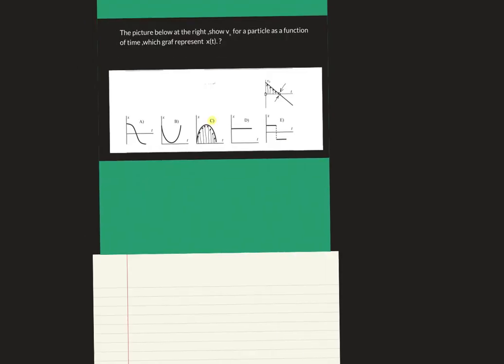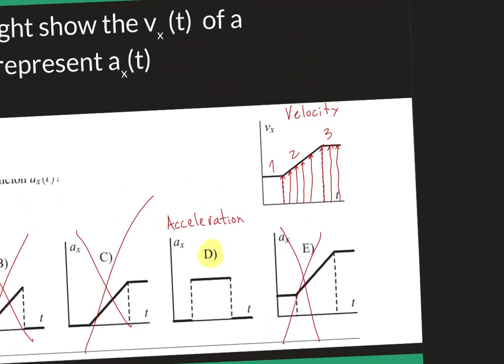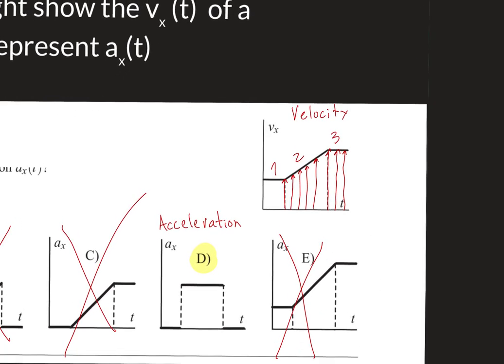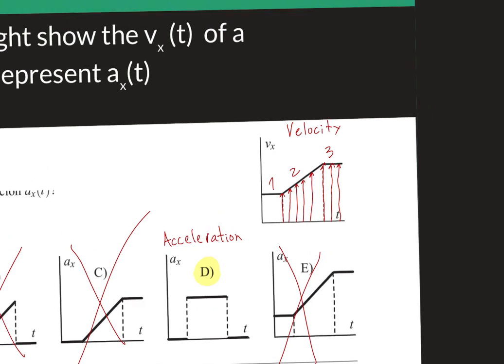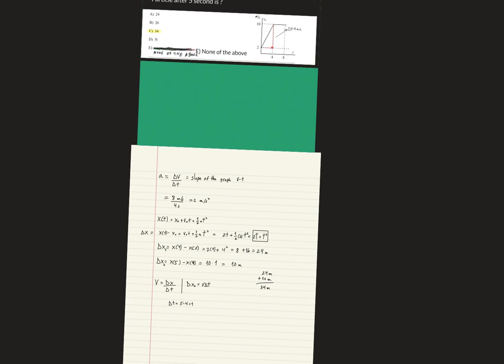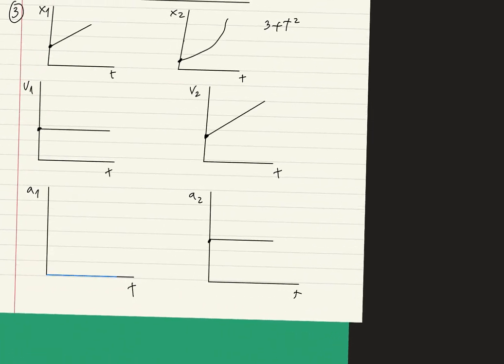So in this case, if the velocity is constant over here, the acceleration should be 0. So it should be in this. Now we follow the next line, and it's positive velocity. Now, positive velocity will be constant acceleration.